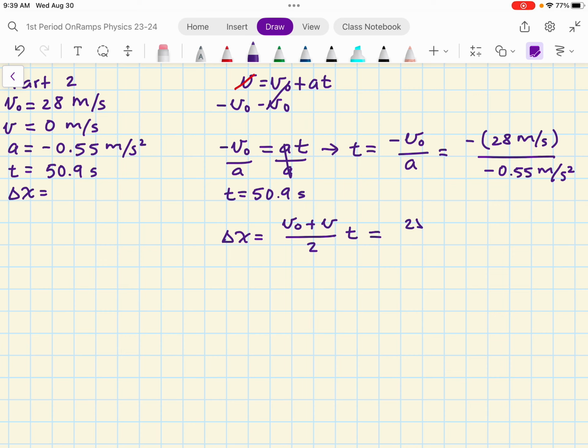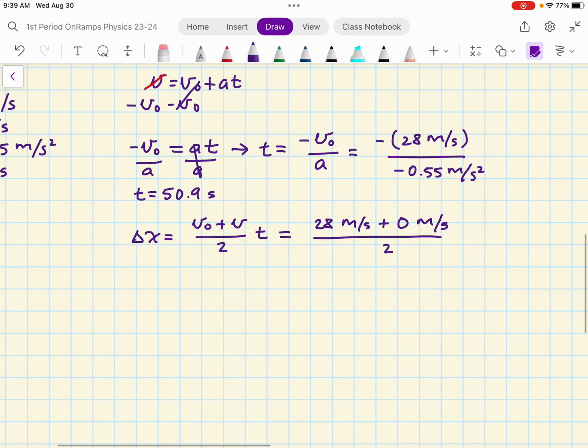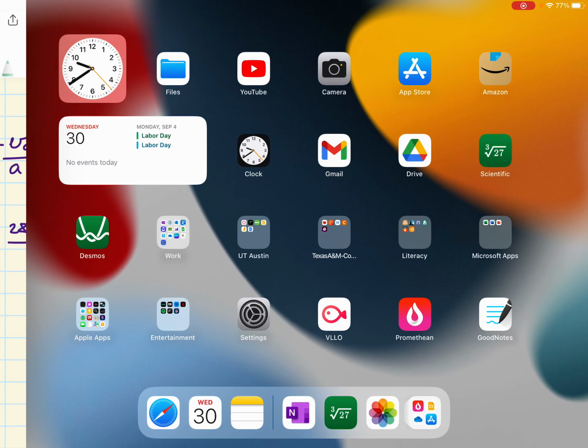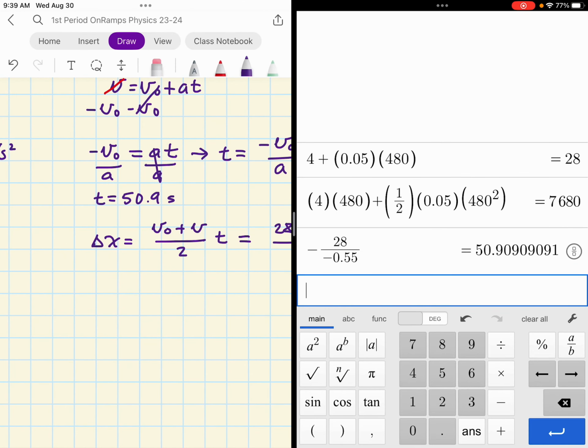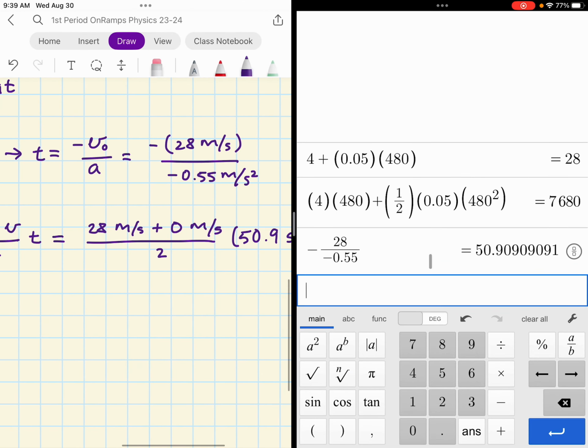Initial velocity is 28 meters per second. Final velocity is 0 meters per second. Divided by 2, and then multiplied by my time, 50.9 seconds. We'll just go to decimals. And I'm going to use the answer function, okay? This one's very helpful.